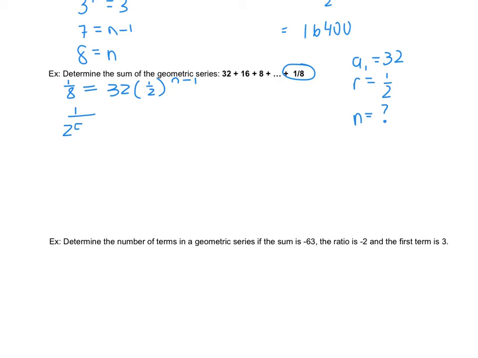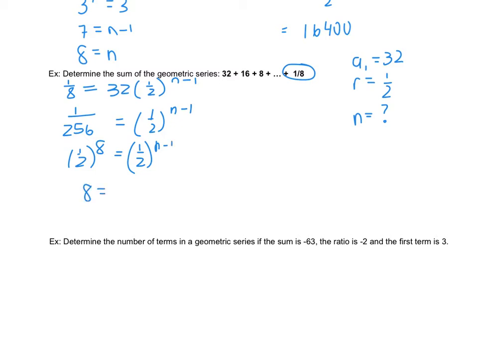And we're going to get 1 over 256. And I want to keep it as a fraction because I am going to try to get that common base to solve this exponential equation. So to get 256, I know it's 2 to the power of 8, meaning if I do a half to the power of 8, I will get 1 over 256.